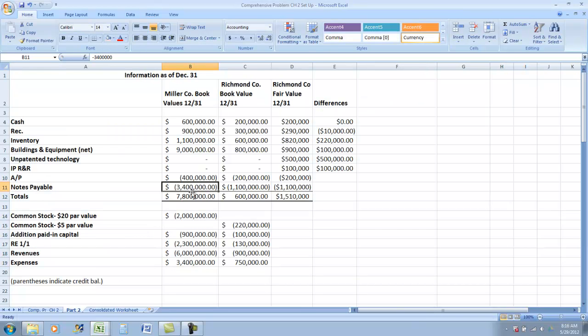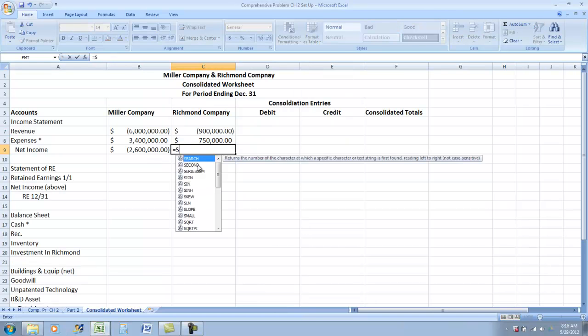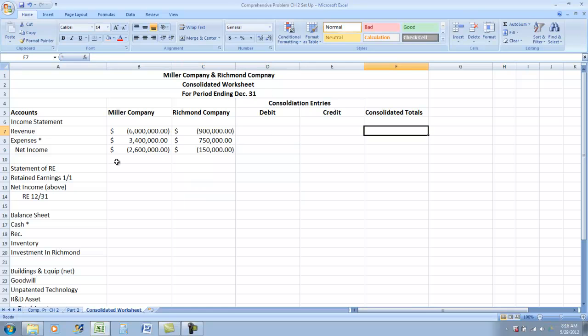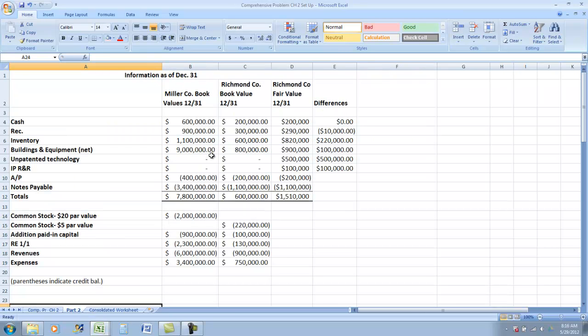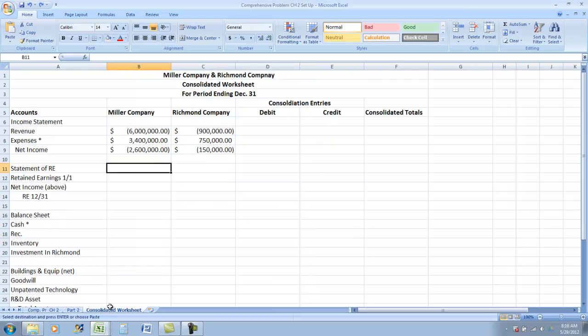So I'm just going over to this information given from the book, and I'm putting this in Richmond. Retained earnings. So here's the retained earnings as of 1/1 for Miller. That's our parent company.